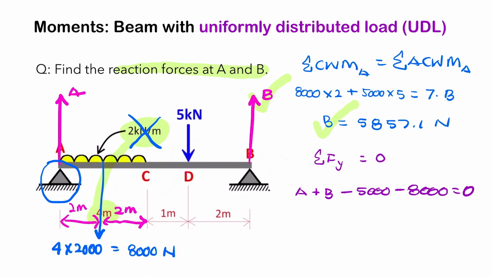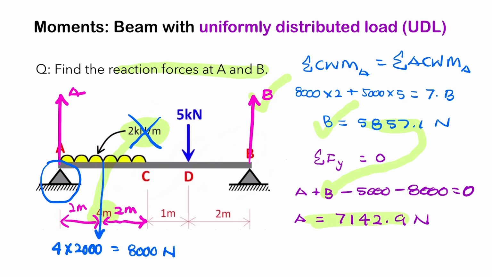And because we've already found B, we can simply find A by subtraction. So A gives me 7,142.9 newtons.